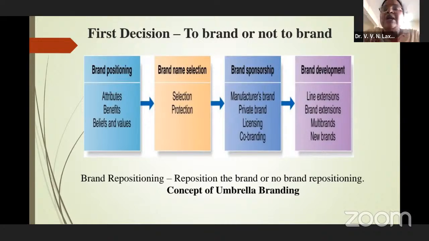If the company is not branding, there is a chance that the products are purchased by many companies. And then they will do the quality check and they will put their tag and sell in the market. You can take certain electronic goods from these Southeast Asian tigers like Taiwan and Thailand and Philippines, where they manufacture many electronic goods which are not branded.